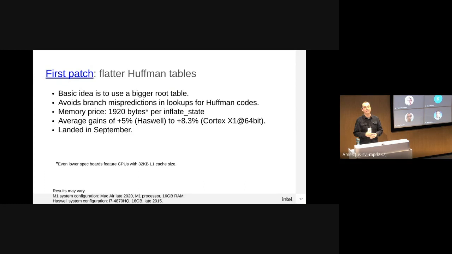But again, if you just open a Chrome tab, that's going to take what, like 20 megabytes, 30 megabytes. So 1.9 kilobytes is not that much, especially because even embedded CPUs will have at the very least 32 kilobytes of L1 cache. The average gains for Haswell were 5%, and for the Cortex X1 were 8.3%, and it landed last September.